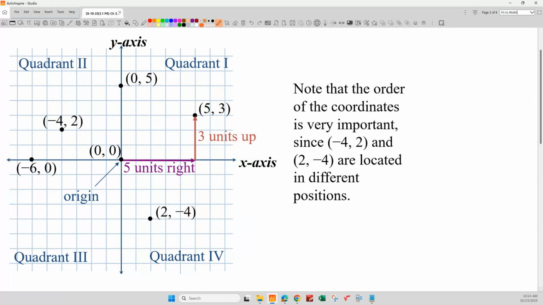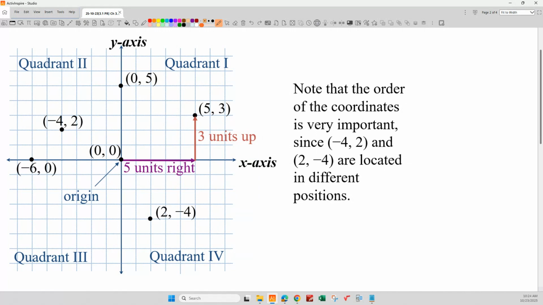Quadrant 1 is home base. That's where both the x and the y coordinates are positive. Quadrant 2, we're going to move counterclockwise around the origin, is where the x values are negative, but the y values are positive. Quadrant 3 is where both of them are negative, and quadrant 4 is where the x coordinates are positive, but the y coordinates are negative.